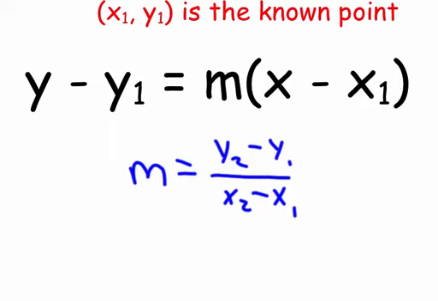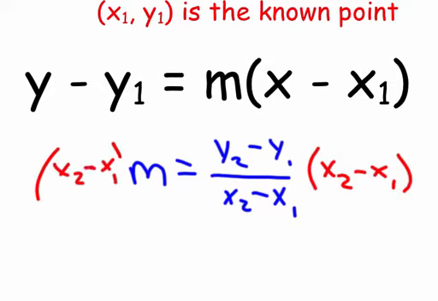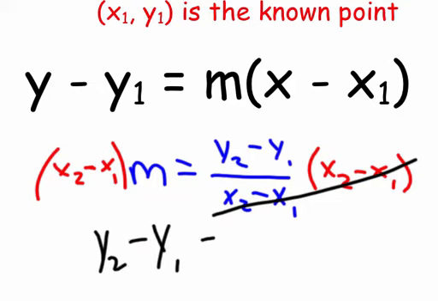I could get it by itself in my slope formula. I could multiply by x2 minus x1 on both sides. If I did that, these guys would cancel. And I'm going to flip-flop by my symmetric property. So y2 minus y1 equals, and I'm going to bring my m on the other side, m times x2 minus x1.